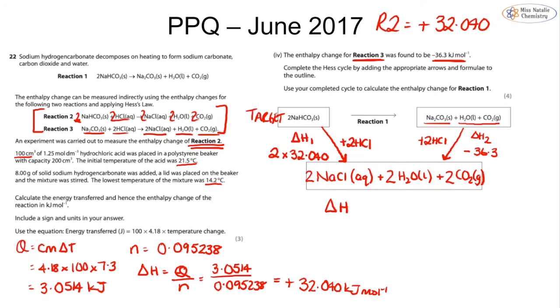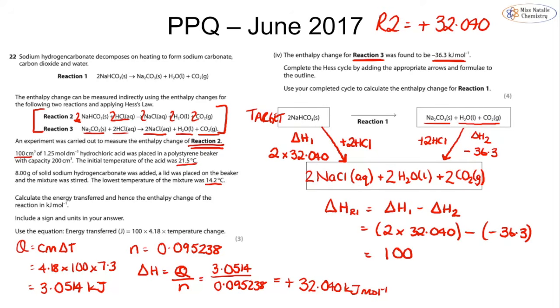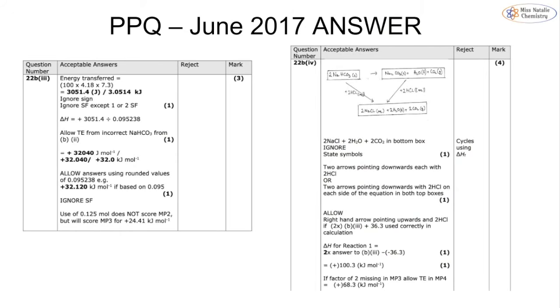So my enthalpy change for reaction 1 is going to be delta H1 minus delta H2. That's 2 times 32.040 subtract minus 36.3, and I get a final answer of 100.3. It is a positive answer, and my unit is kilojoules per mole. So there's your mark scheme showing your calculated Q, your Hess's cycle, and also your final answer of 100.3.